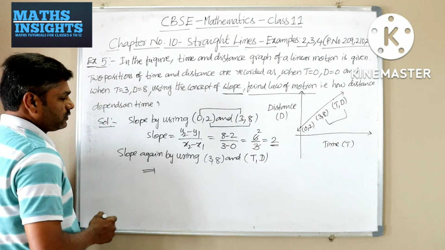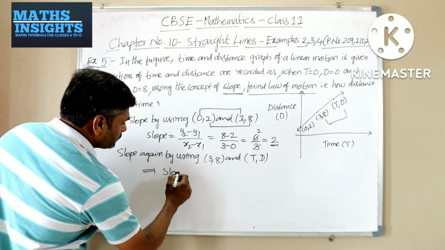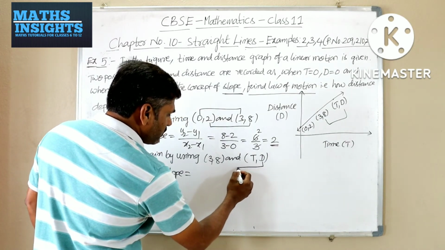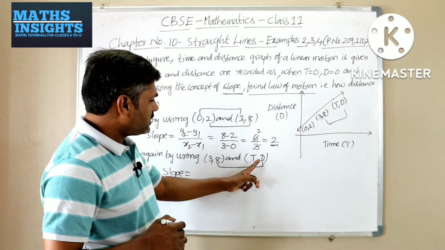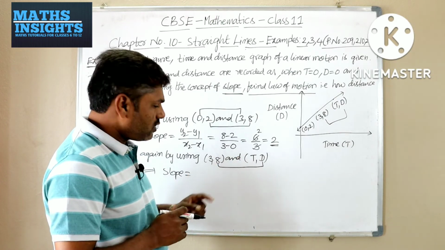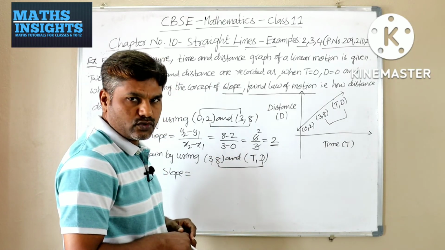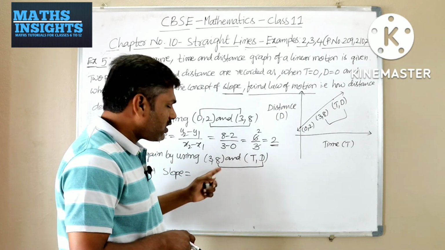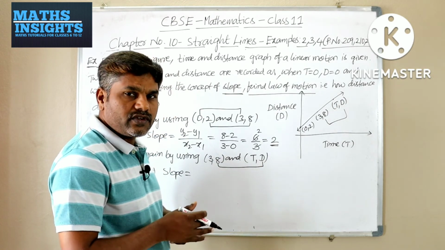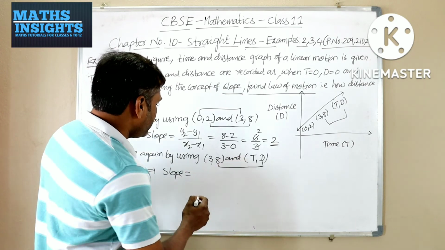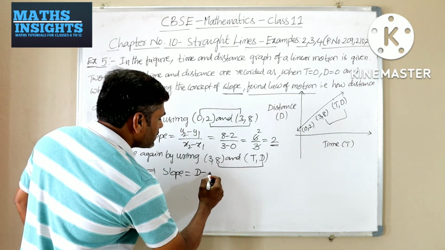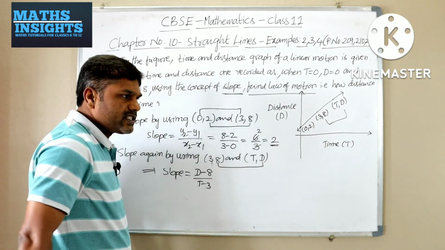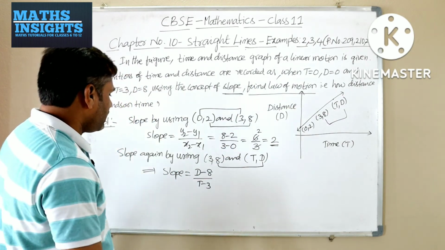Slope is equal to the difference of y coordinates. You may write d minus 8 or 8 minus d also. However you have written, you have to write the x coordinates in the same order, otherwise you will get a different answer. So I am writing d first, d minus 8 by t minus 3. This is the slope of the same line.